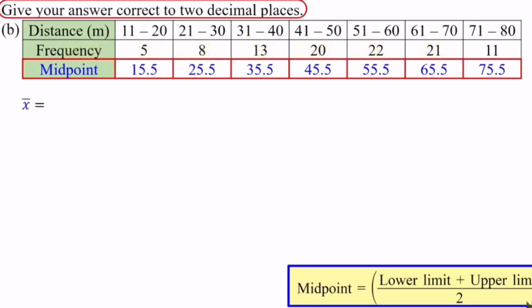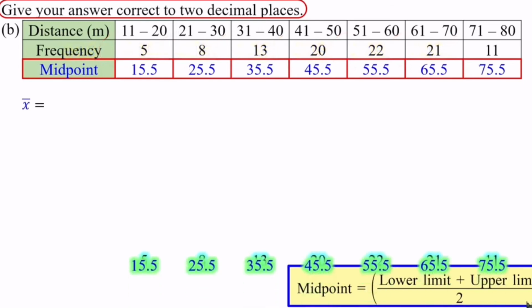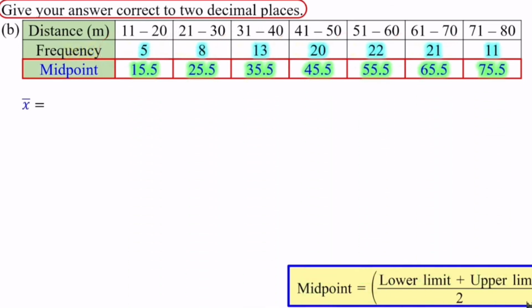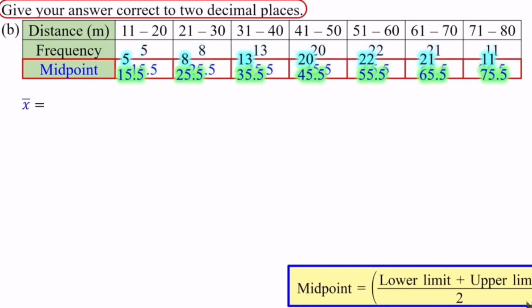Now we are going to find the mean. So the mean is we will take the frequency times the midpoint 1 by 1 and plus summation.